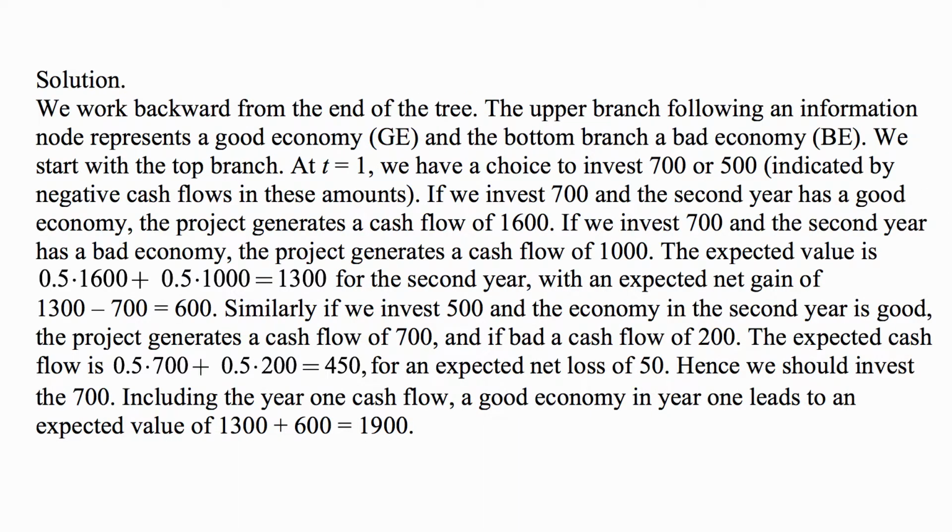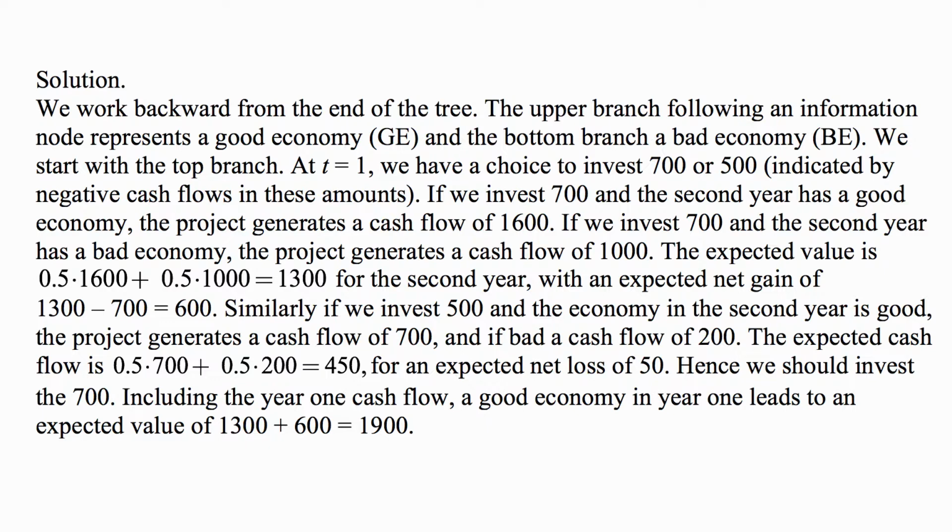So to figure out the value at the beginning, we work backward from the end of the tree. The upper branch, following an information node, represents a good economy, and the bottom branch a bad economy. So we start with the top branch.